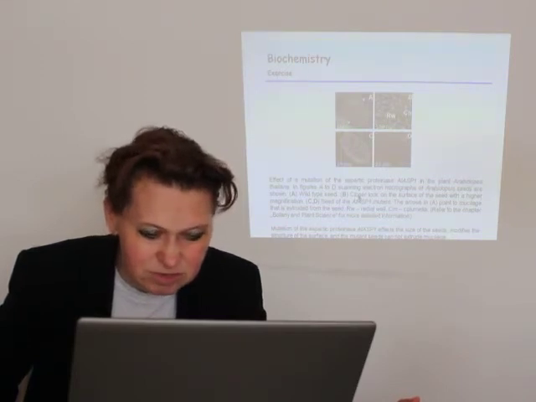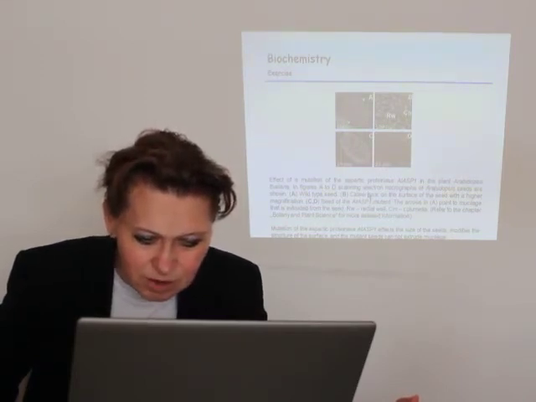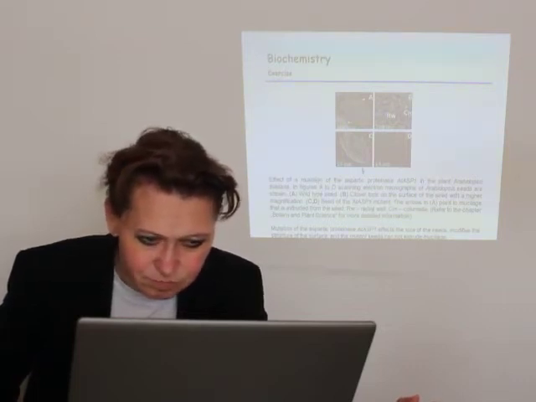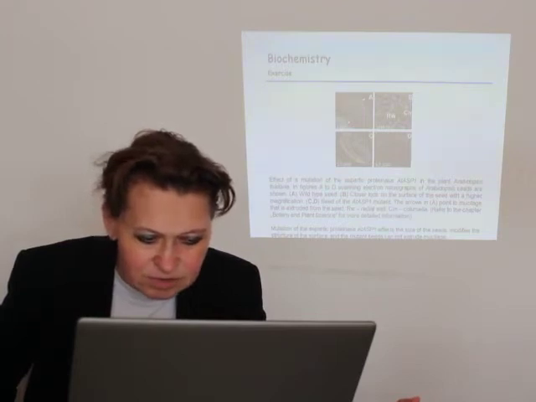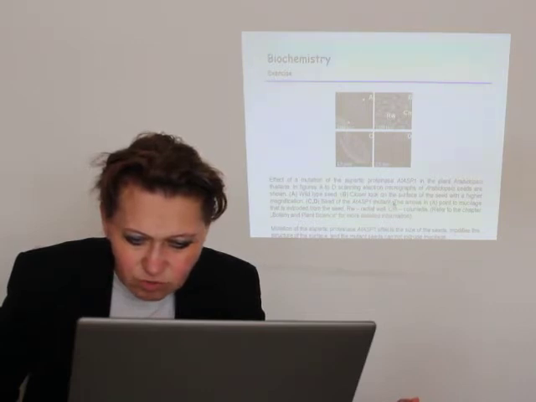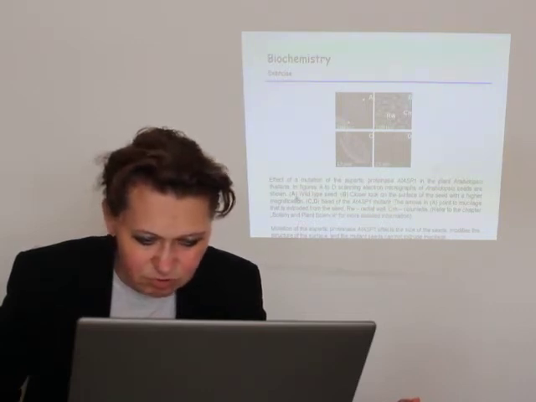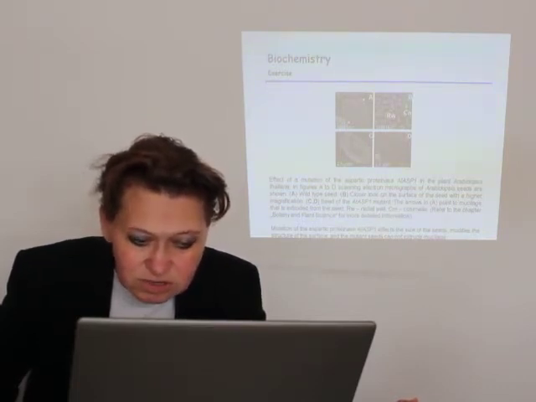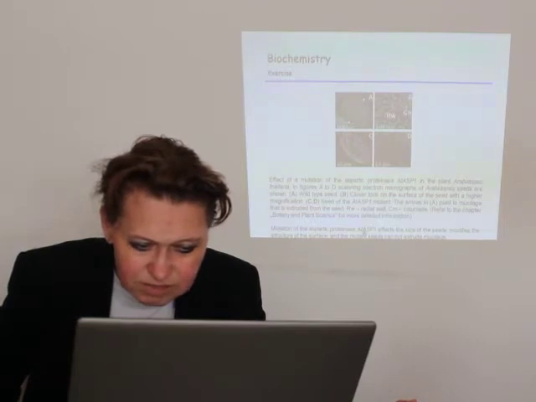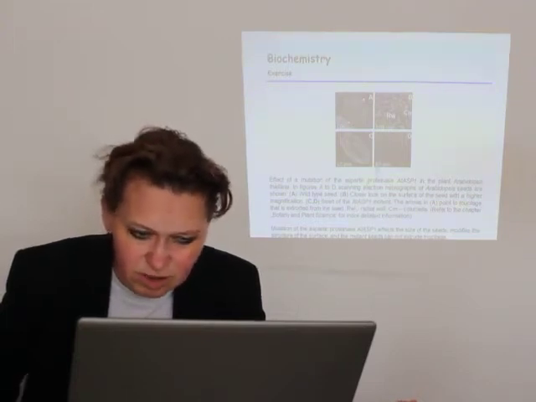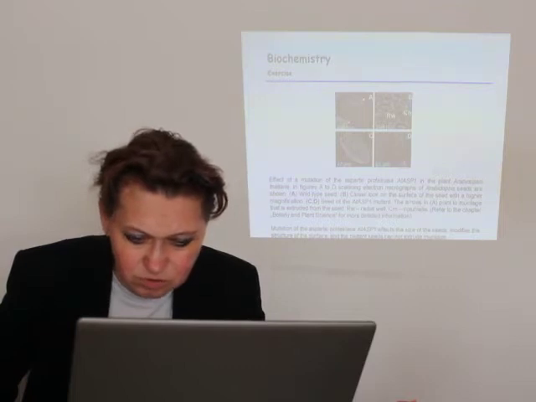I think I was saying this already. Scanning electron microscopy is beautiful. A means wild-type seed. B, closer look at the surface of the seed with a high magnification. And very interesting, C and D, seed of mutant, and it is the ATASP1 mutant, and the seed looks absolutely different.